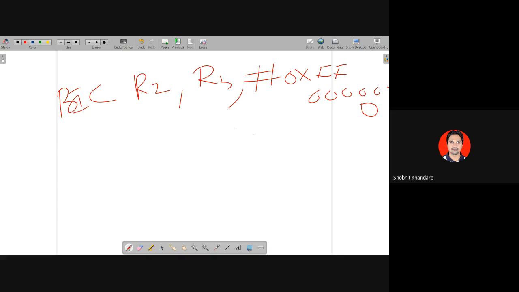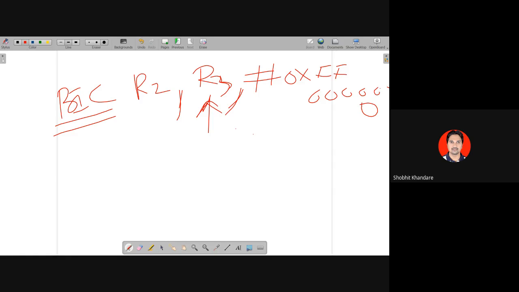Okay, now here what is going to happen? You see here now, the bit clear instruction will clear the bits of R3.